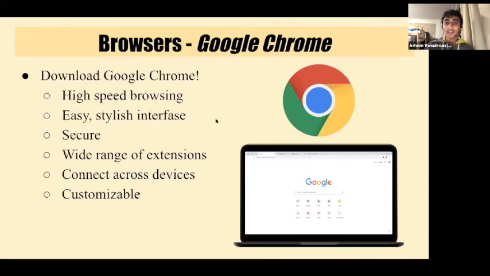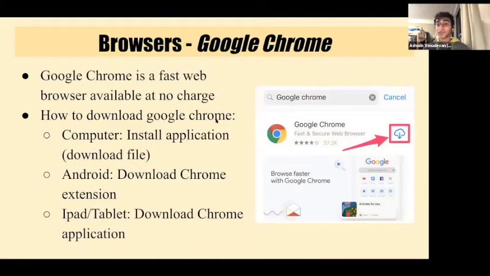Okay, so we're going to take a second to download Google Chrome. Google Chrome is a fast web browser, and to download it, you would just go on any browser, type in Google Chrome, and if you click download, it should download right up for you. So we'll take a second and everyone can download Google Chrome.